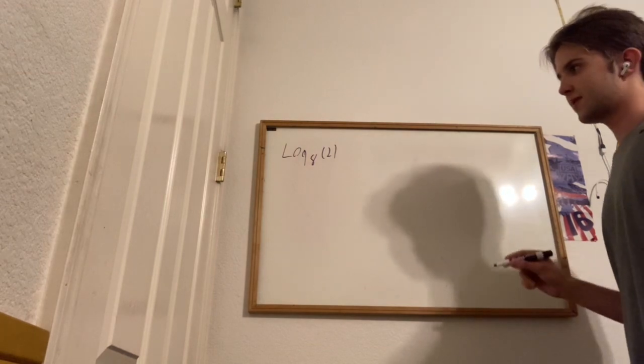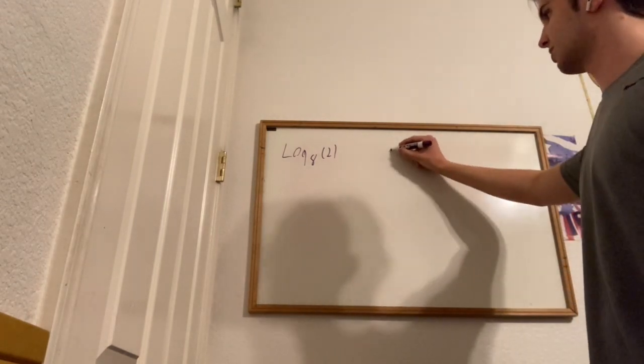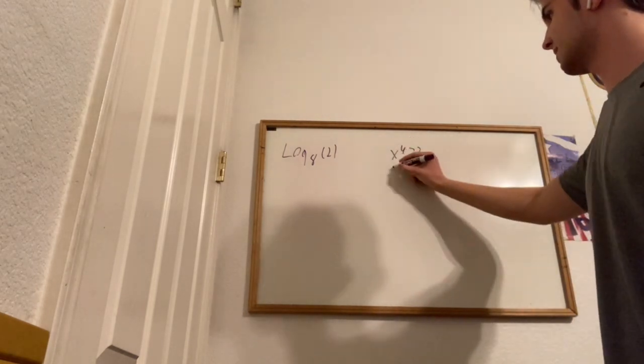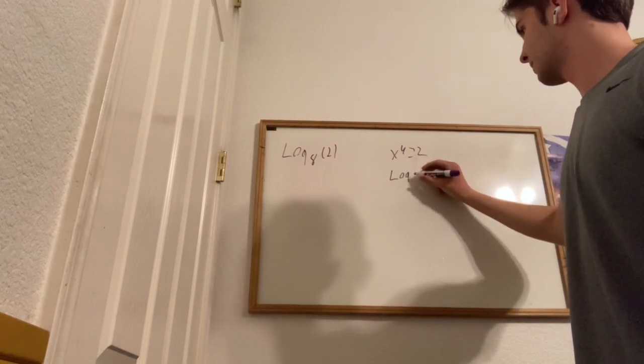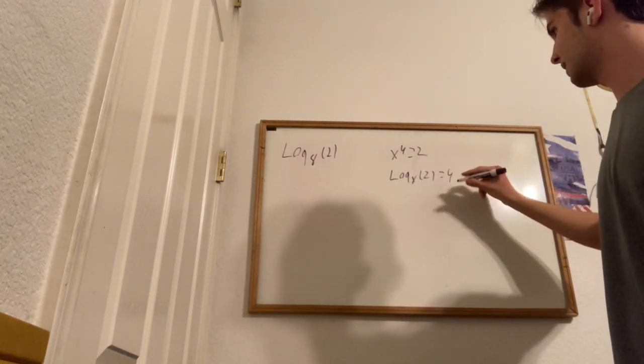Now, in order to solve this, we're going to have to find a certain property of log, and I'll show you it. So x to the y equals z. That means that log x of z is going to be equal to y.